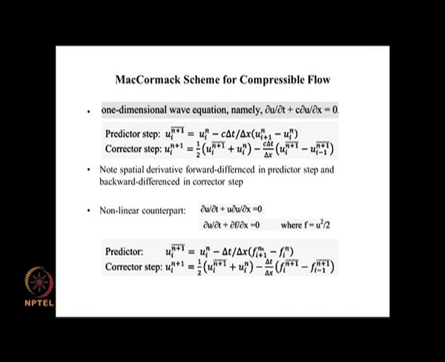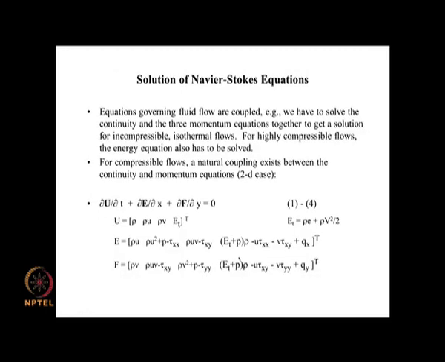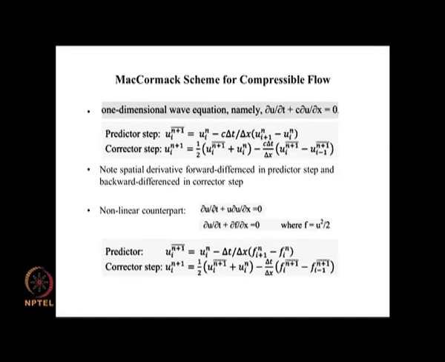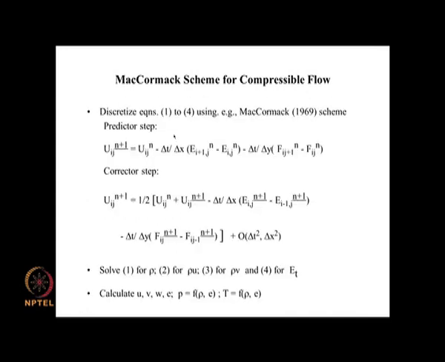Now, this is all one dimensional form. How do we do the multi-dimensional form and how do we do the coupled equations? So, we extend this to this vector equation, this equation involving u, E, F as vectors, in the straightforward way.